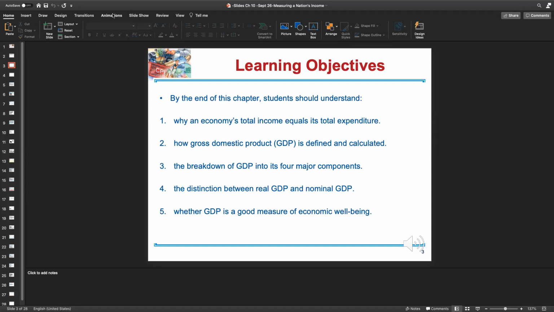You will learn about the breakdown of GDP into its four major components of consumption, investment, government expenditure, and net export. You will also learn about the distinction between real and nominal GDP. And finally, you will learn whether GDP is a good measure of economic well-being or not.